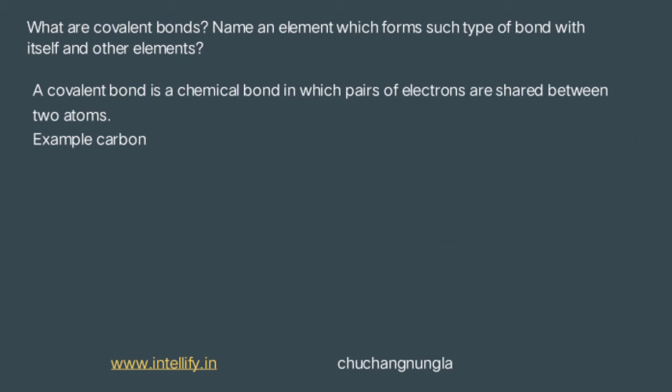What are covalent bonds? Name an element which forms such type of bond with itself and some other elements. So we already know that a covalent bond is a bond in which electrons are shared between 2 atoms. It is also known as a molecular bond, and an example would be carbon.